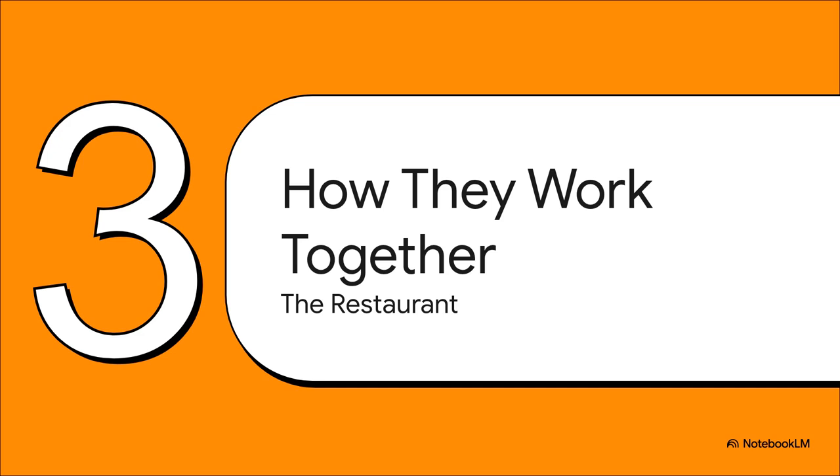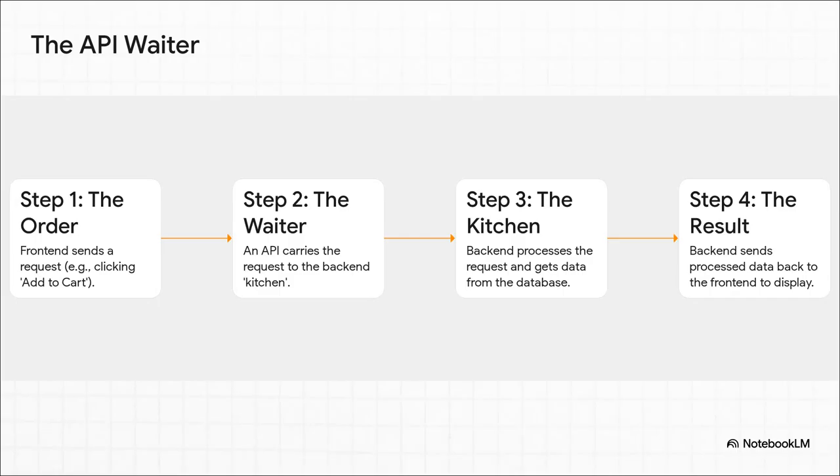And to really get how they talk to each other, let's switch analogies for a second. Let's think of the whole website as a restaurant. The front end is the dining room where you are. The back end is the kitchen. So, how does your order get from your table to the kitchen? They communicate using something called an API. Think of the API as your waiter. So when you click Add to Cart on the front end, you're placing your order. The API, our waiter, grabs that order and zips it to the kitchen, the back end.